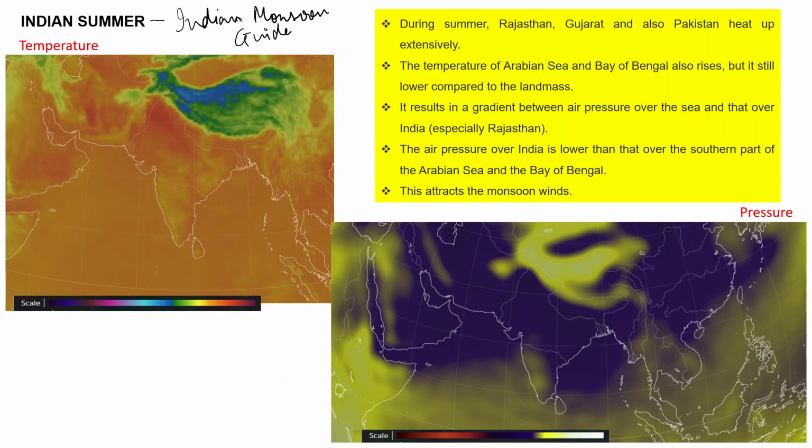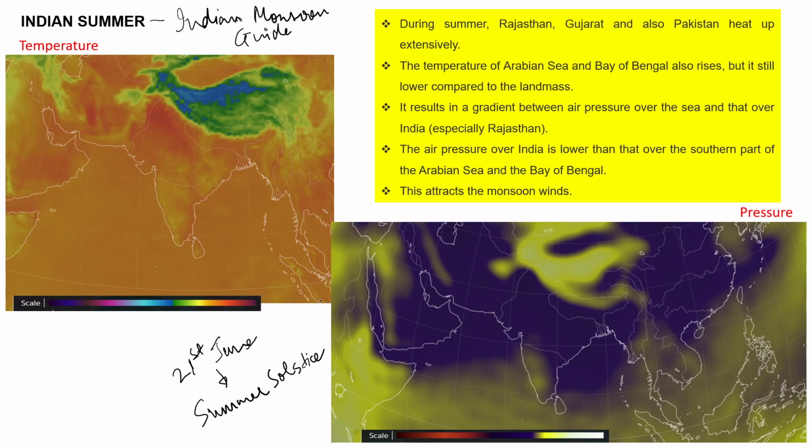So the location of the Indian subcontinent is such that when it comes to the summer season, which is in the month of June, and 21st June is the summer solstice.